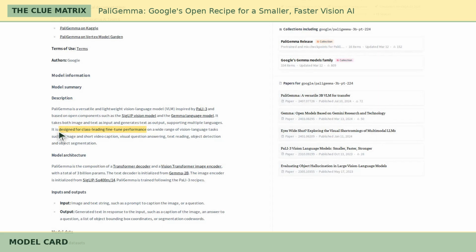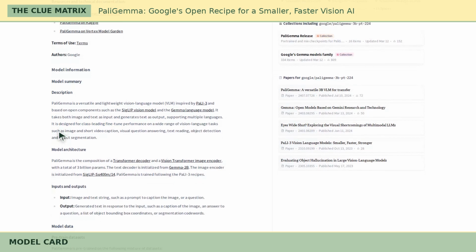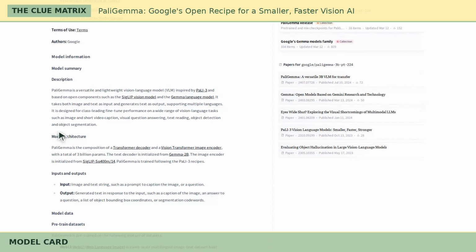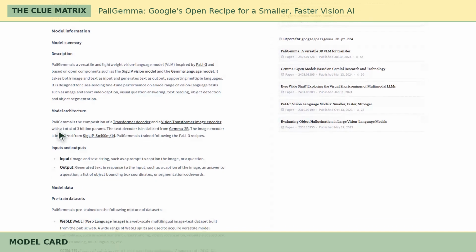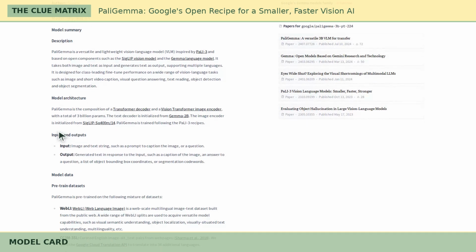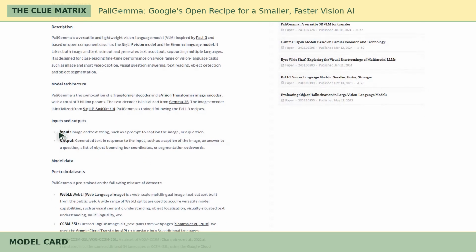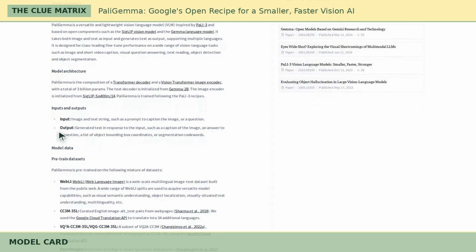The architecture section confirms the modularity. The text decoder is initialized from Gemma 2B and the image encoder from SigLIP SO400M/14. Two separate, proven models joined together. Let's talk about what it was trained on.